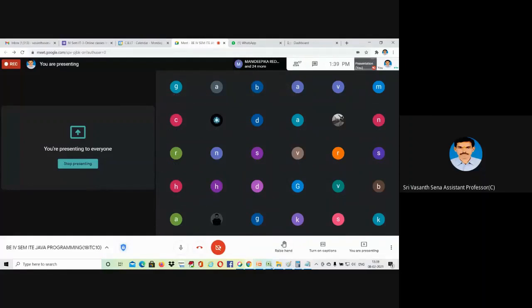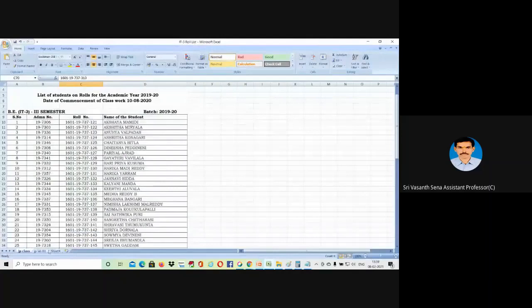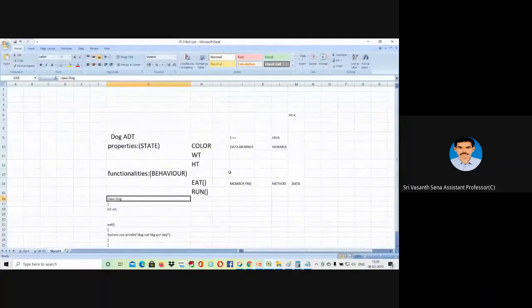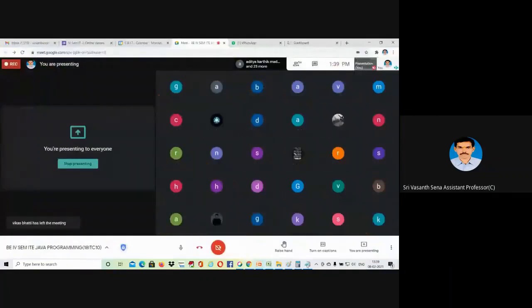Now we need to talk about the data centric approach. Data means, here you can take some entity. Before going to data, I want to tell one point here.